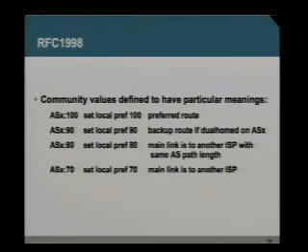And the communities defined in this RFC, which is just an informational RFC, was, well, if the customer sent, say, local AS and community :100 as a community, you would set local preference 100 on that particular prefix. If they sent the ISP AS :70 as a community, then you would set local preference to 70, and so on.